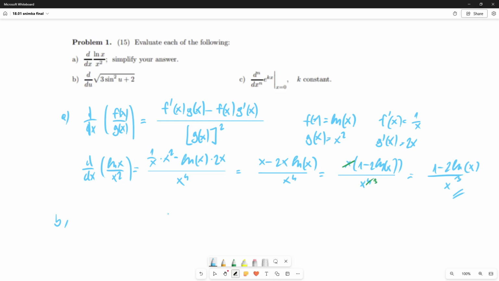In part B, we have a derivative of a composition of a function.